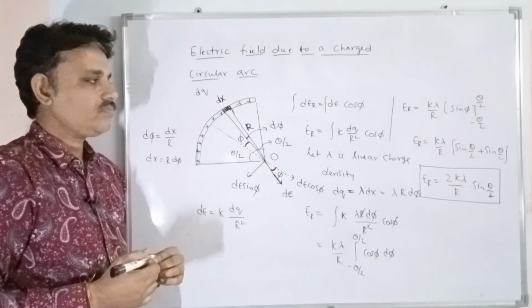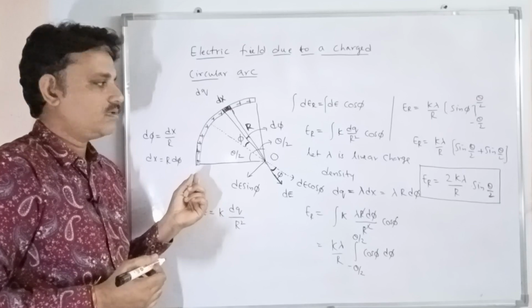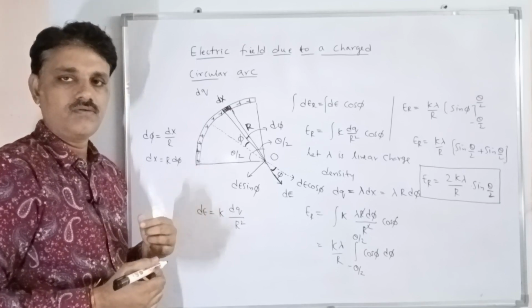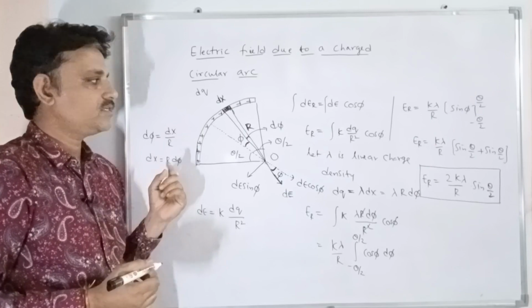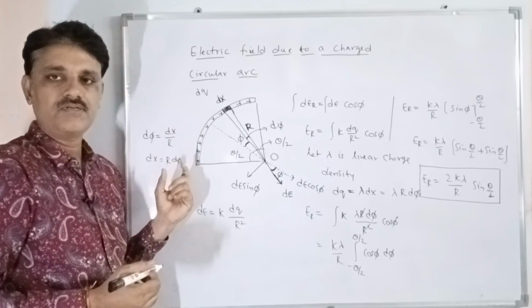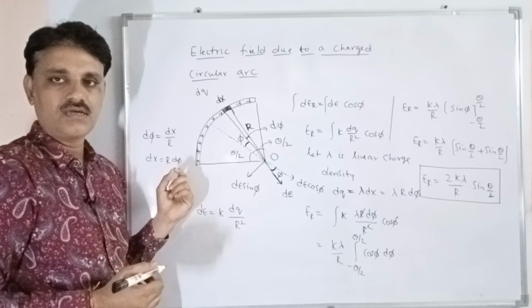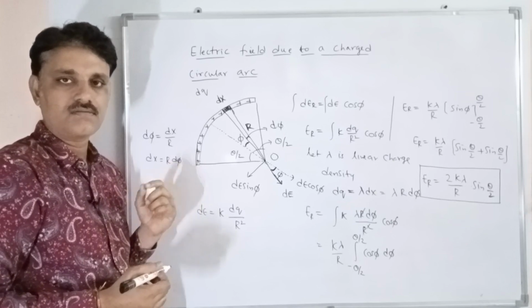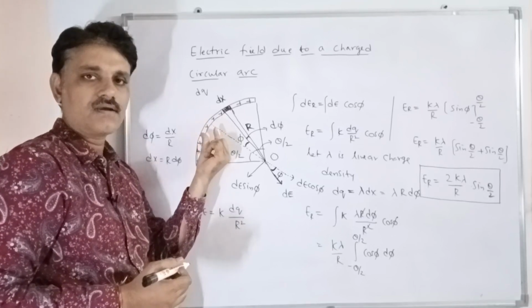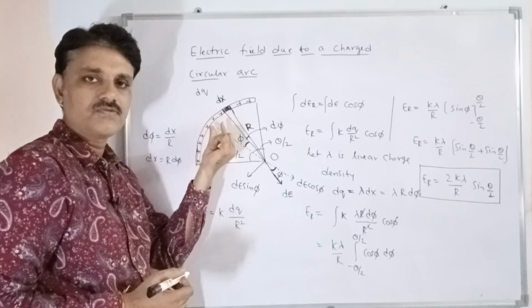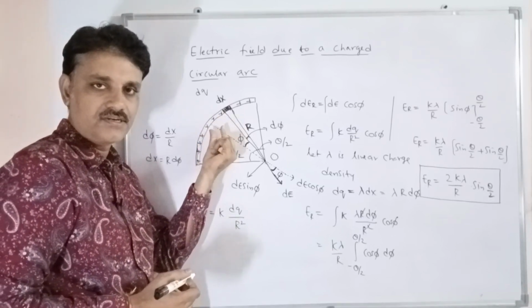Okay. So again, I will explain the steps to you. The first step: our aim is to calculate the electric field due to the charged circular arc. On this charged circular arc, we consider a small portion, because this is a continuous charge distribution.